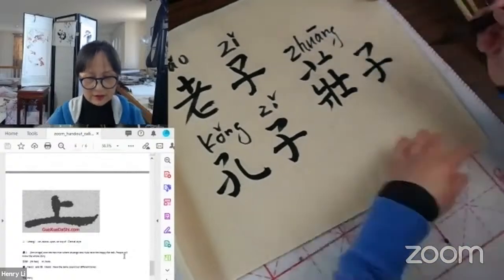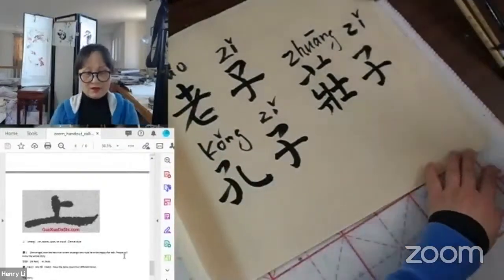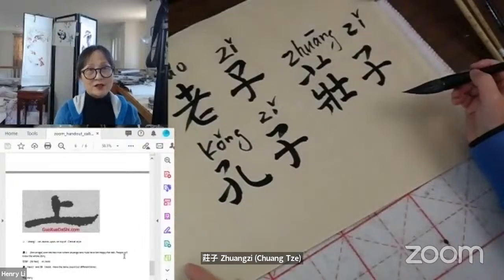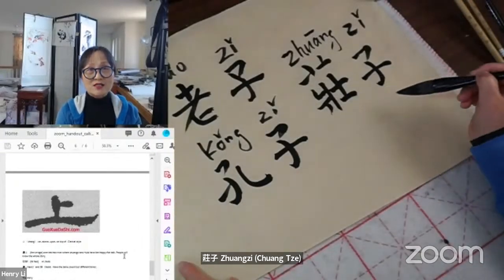First tone, high pitch. So that's the zi we learned.